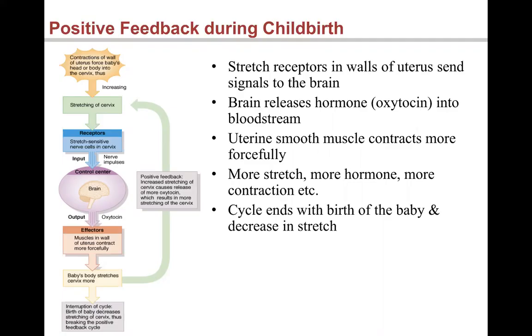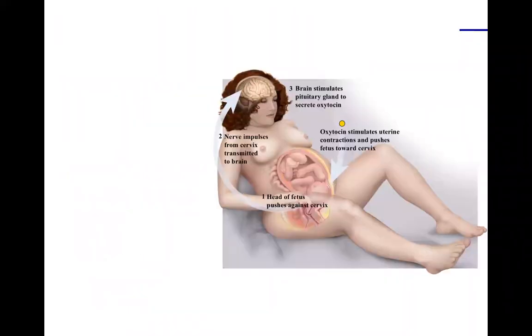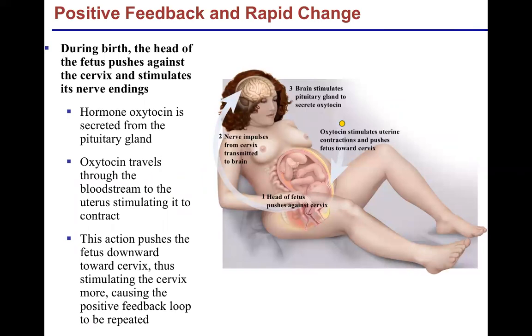So let's see the next. I'm sorry. This will help you to understand. If you see, this is the first step: the head of the fetus is coming out to the uterus. Now a nerve impulse goes to the brain, which detects it and secretes oxytocin, and oxytocin helps in the process of contraction and relaxation. As a result, the labor goes on.